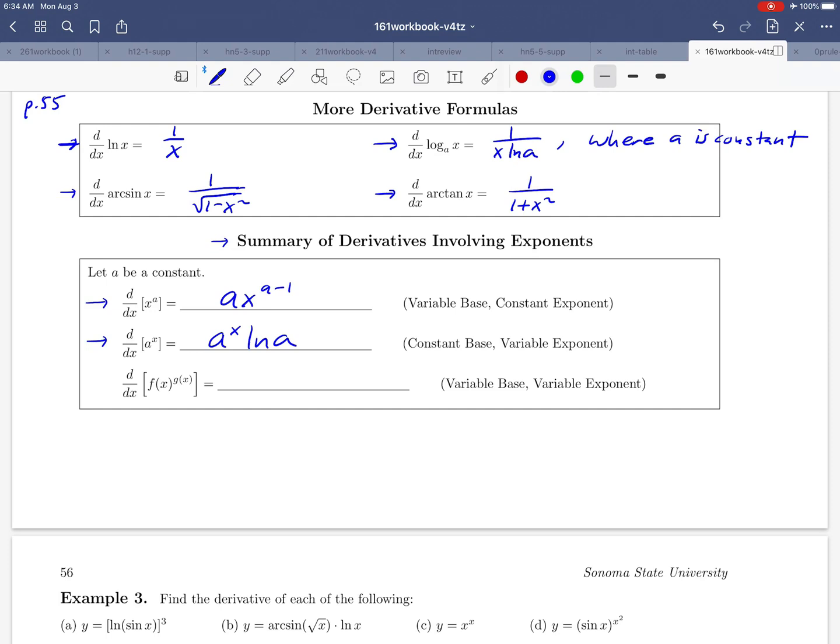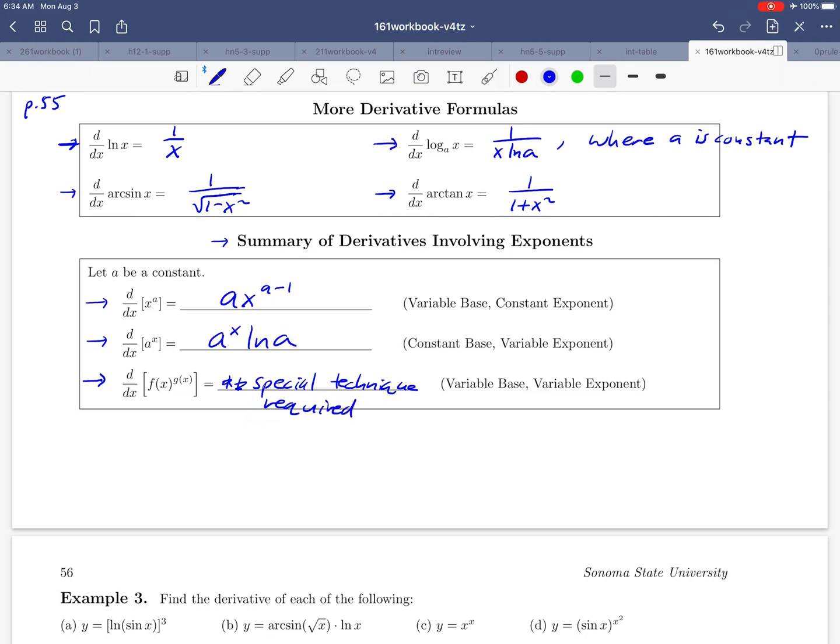And this last formula, we are actually going to skip over this semester, but there is a formula for taking the derivative of a function raised to a function where the base and the exponent are both variable. Instead of writing down a formula, though, there's generally a special technique that you could develop to do this.